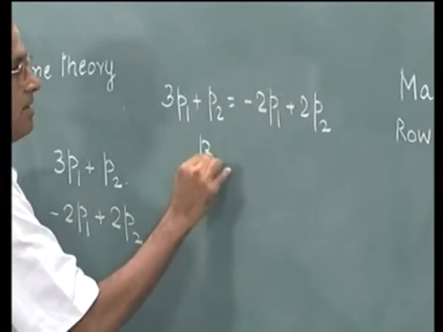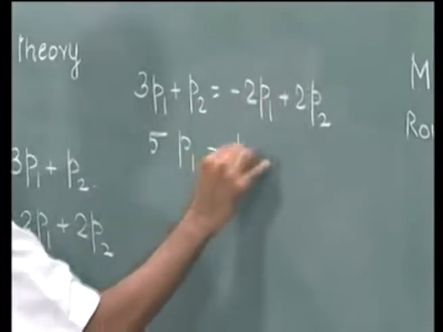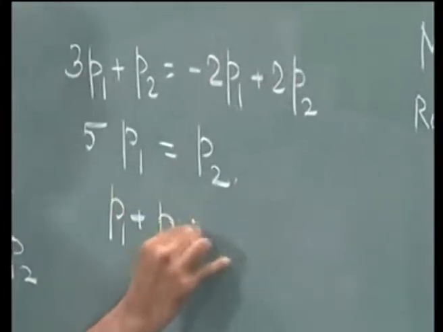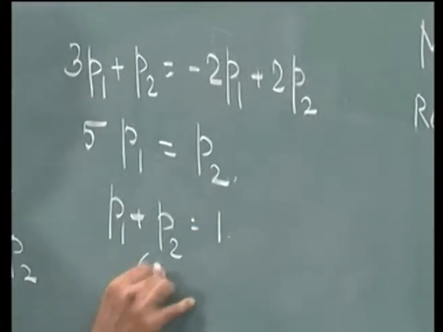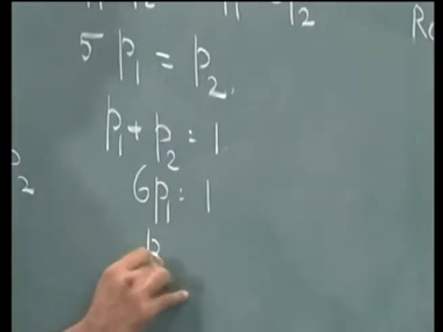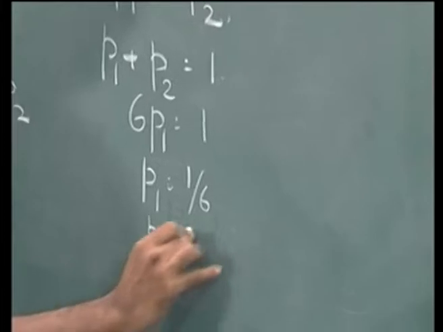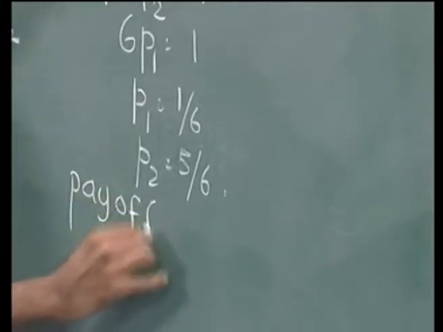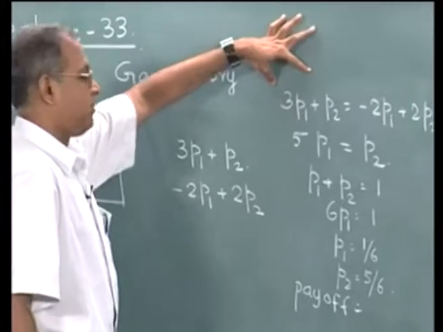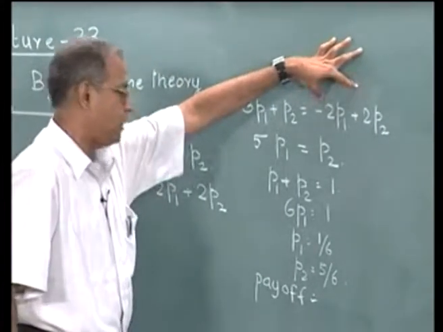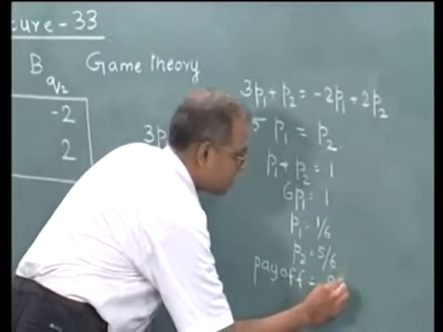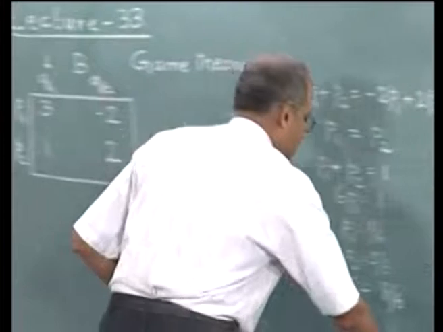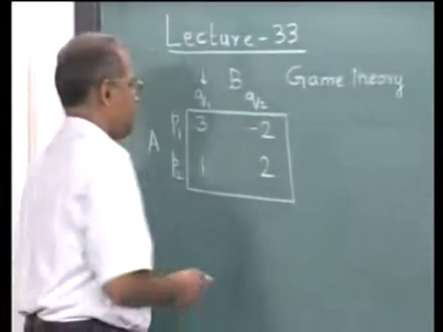Now, this would give us 5p1 is equal to p2, and we also know that p1 plus p2 equals 1, which would give us 6p1 equal to 1, p1 is equal to 1 by 6, p2 is equal to 5 by 6, and A's payoff is equal to either 3p1 plus p2 or minus 2p1 plus 2p2. So, 3p1 plus p2 will be 8 by 6, or 10 minus 2, we get the same 8 by 6.